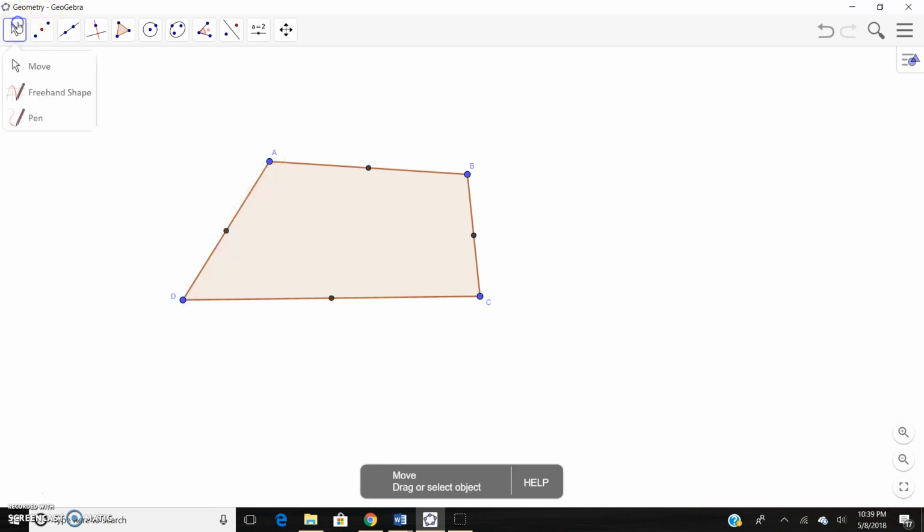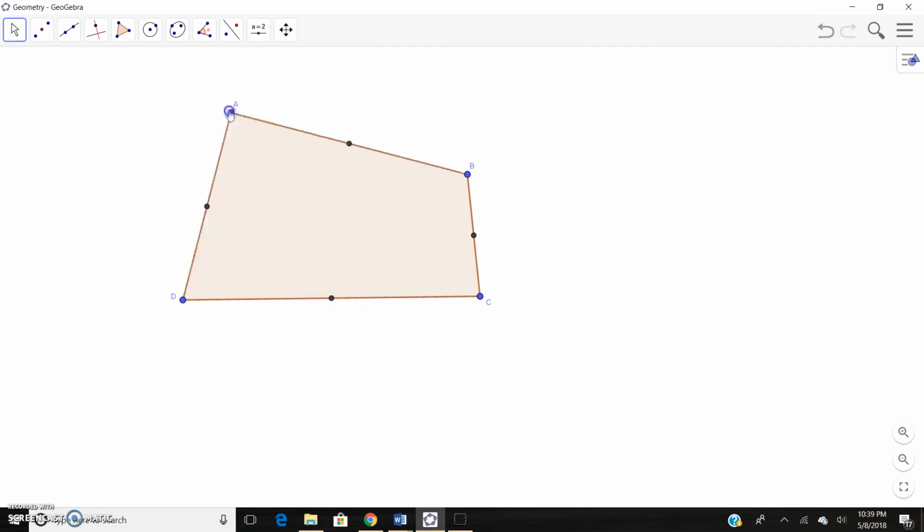And one thing to notice is that I cannot move these points by simply clicking on them, but they do move as I change where A, B, C, and D are, so they will always be the midpoints of the sides no matter what I do to A, B, C, and D, but I cannot actually move these.